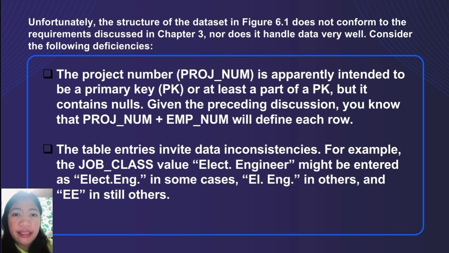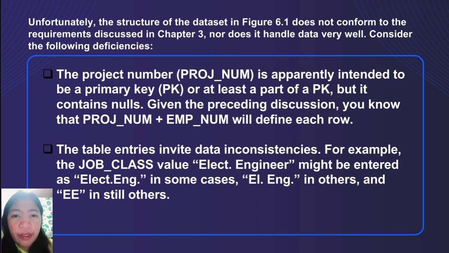This means that there are missing or incomplete project numbers, which can lead to difficulties in uniquely identifying and retrieving specific rows. However, by combining the project number with the employee number, it is possible to define each row uniquely.